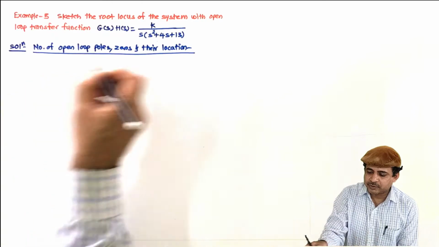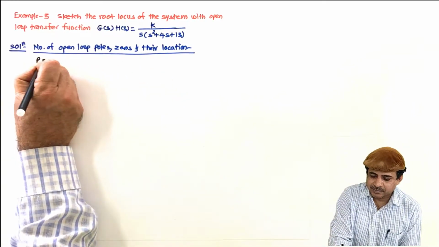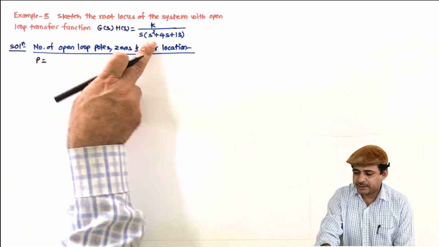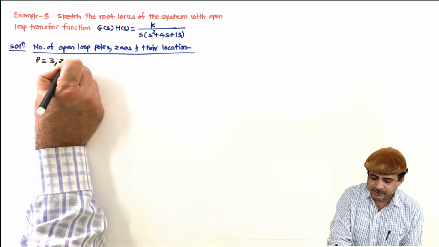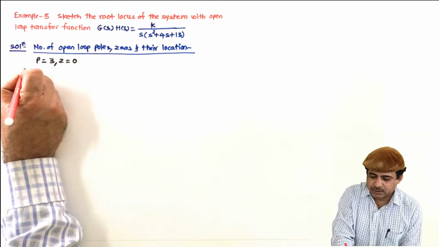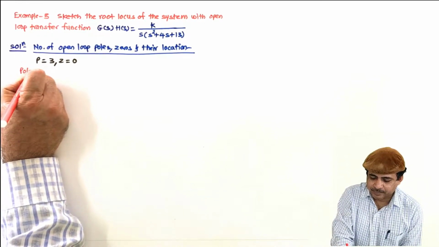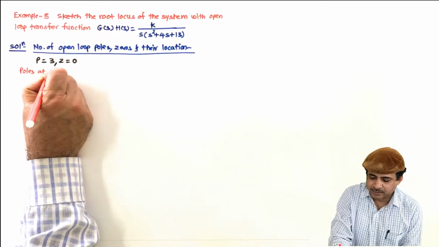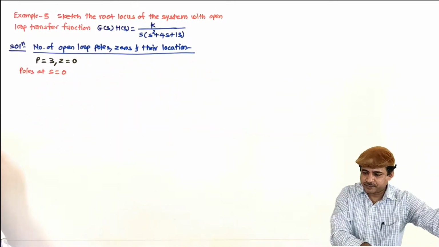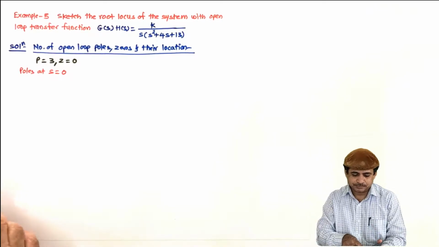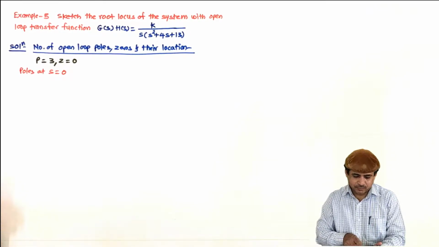And number of poles, we can see that this is one pole and this is a quadratic pair, so there are 3 poles and z is equal to 0, and the poles are at s equal to 0, and then for the second we have to find out the roots of 1, 4, 13.